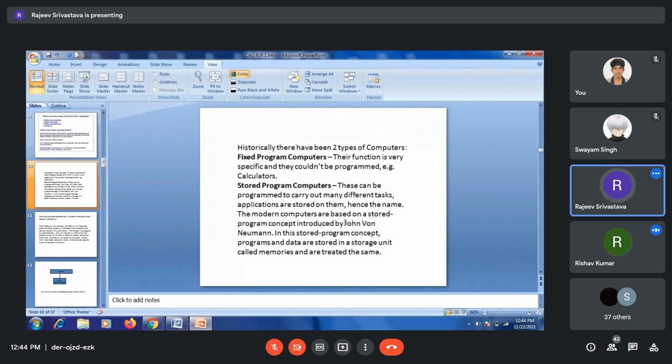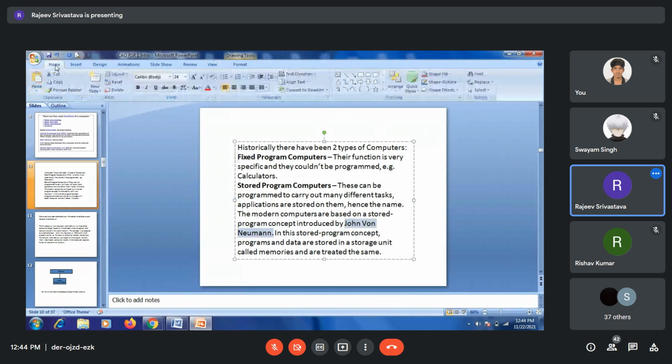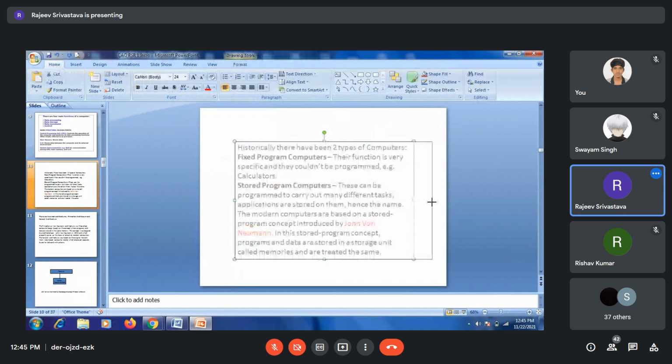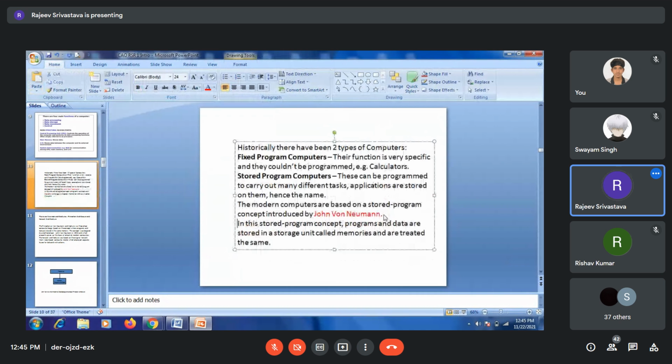Remember this name? A very important name, John von Neumann. John von Neumann was a German scientist and mathematician, and all the computers which are nowadays used are basically based on this John von Neumann concept.